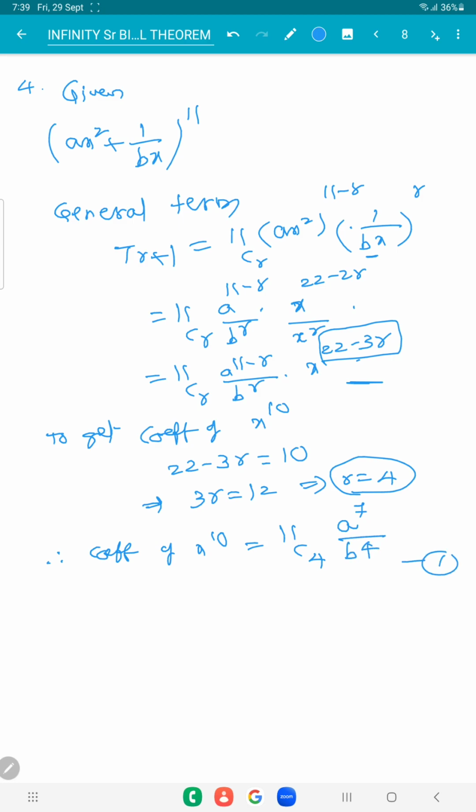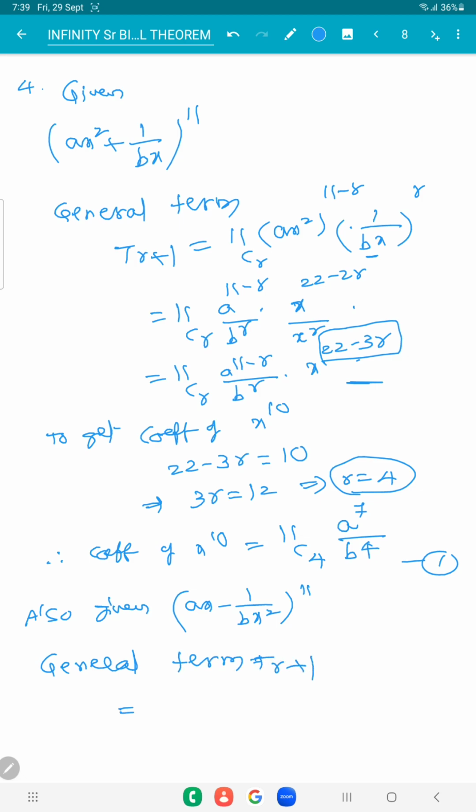Now we are given one more expansion. What is that? (ax minus 1 by bx square) whole power 11. So the general term in this also we have to write. General term is Tr plus 1. n is 11, right? 11Cr (ax) whole power 11 minus r, (minus 1 by bx square) whole power r.